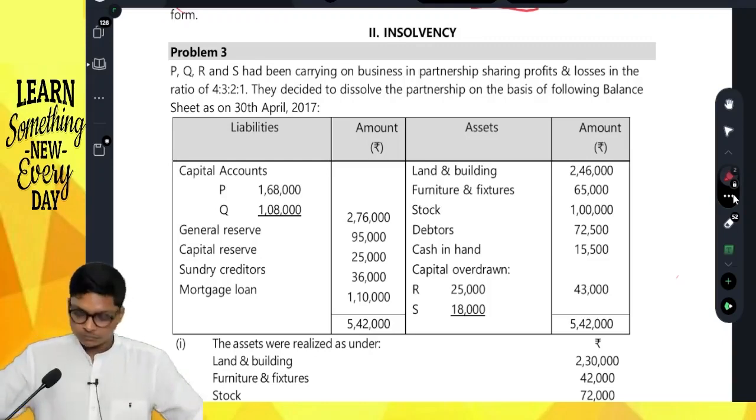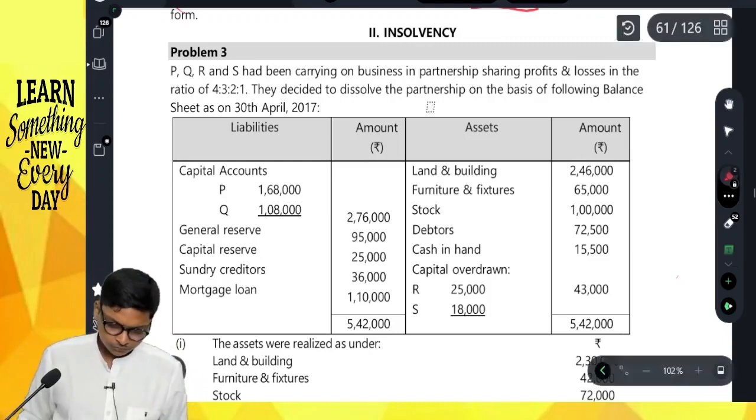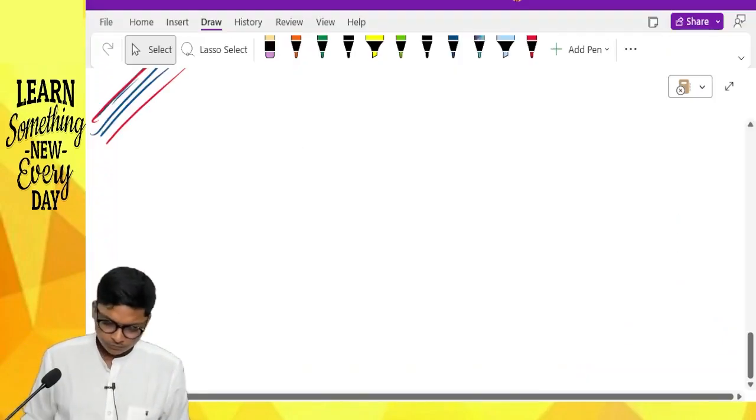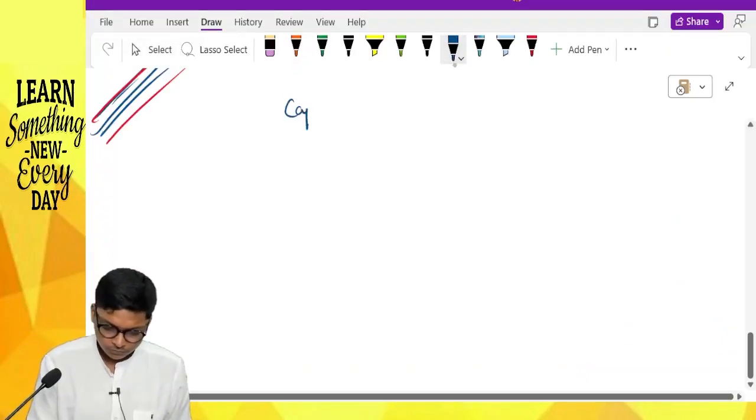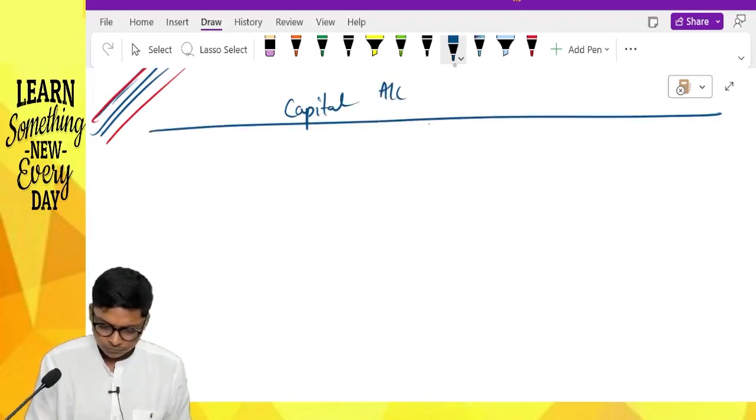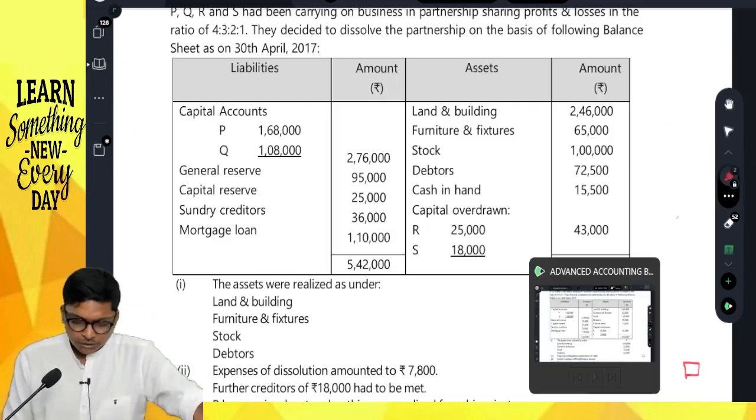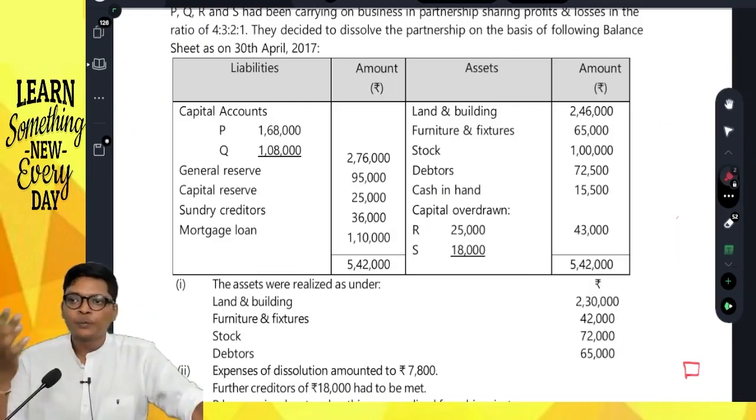Done, guys. There are 4 partners. Can I go to 2 pages?